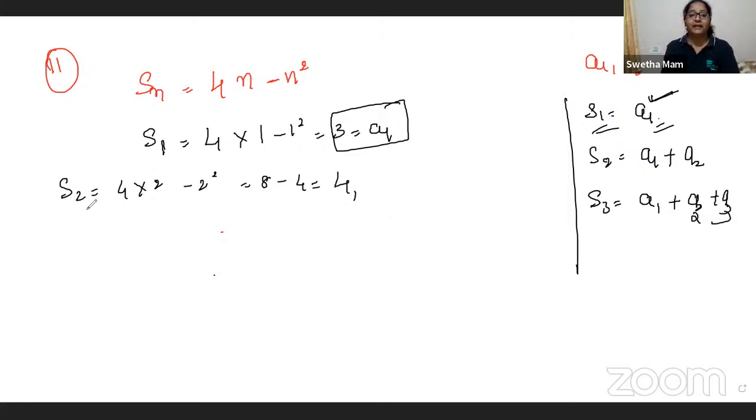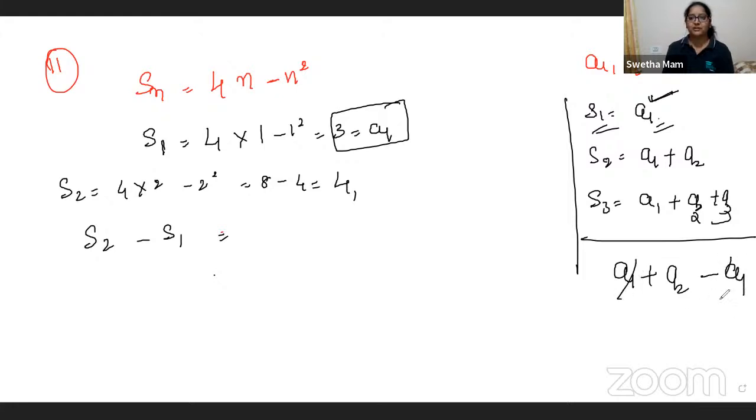Okay, now we have S2 and S1. If I do S2 minus S1, which term will I get? Just see here. What is S2? A1 plus A2. What is S1? A1. If you subtract A1, which term are you getting?